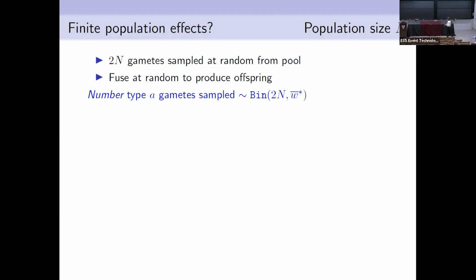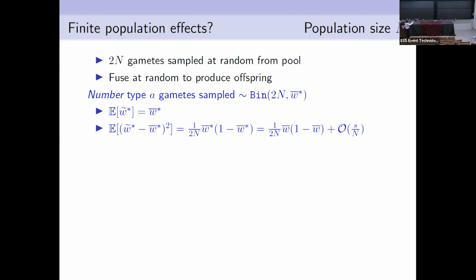So if we've got a population of size n, and we need 2n gametes, then the number of type little a that are actually represented in our population is going to be binomial with 2n trials and success probability W star. And so the expected number of type A gametes among offspring is indeed going to be given by this W bar star, which we defined before, which is here, right? So the expected proportion: the expected value is twice n W star, and I divide by twice n to get back to a proportion, and that gives me back W star.